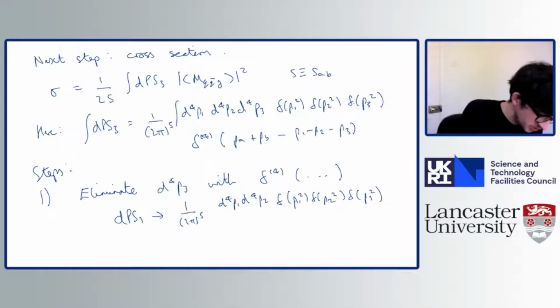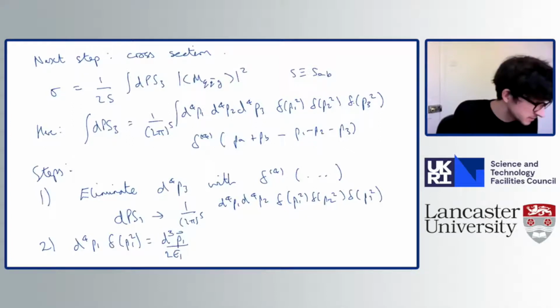And then step 2 would be to do this. Hopefully straightforward enough, one can do a little bit of manipulation. First of all, one can get rid of the delta functions. This is just in terms of the 3-momentum, so implicitly the energy is then obeying the usual E squared equals p squared plus m squared relation.